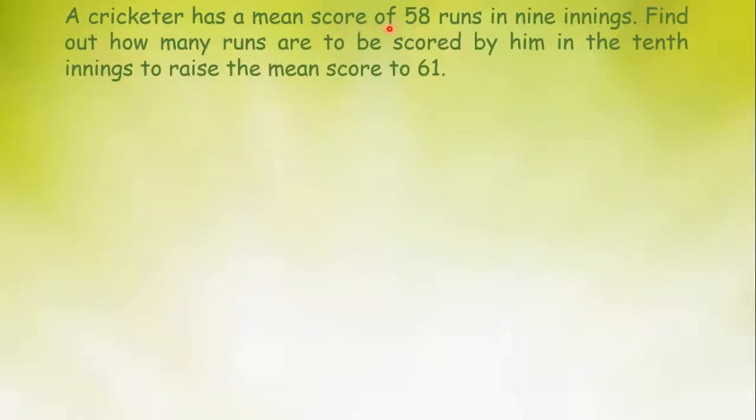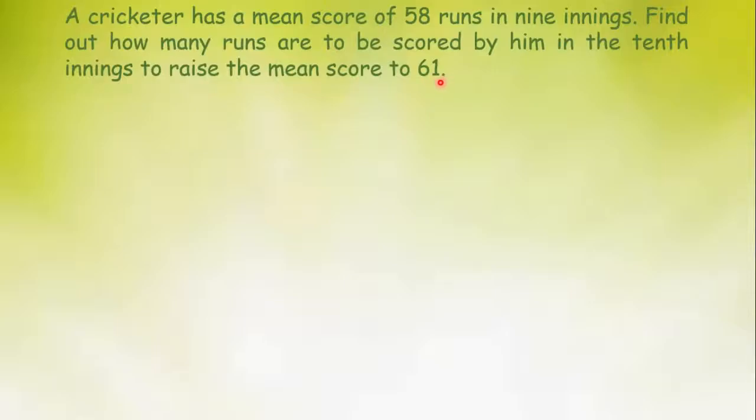The mean score of 58 runs in 9 innings means in the 9 innings he scored a mean of 58. And one more innings is there, the 10th innings. And after the 10th innings, he needs the mean score as 61.